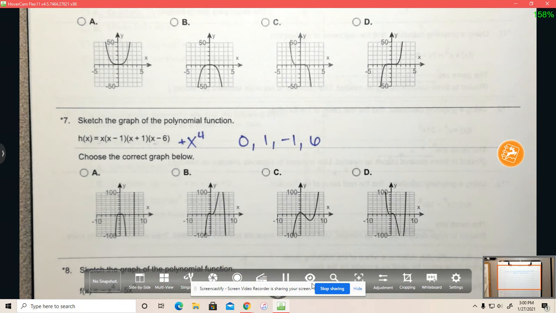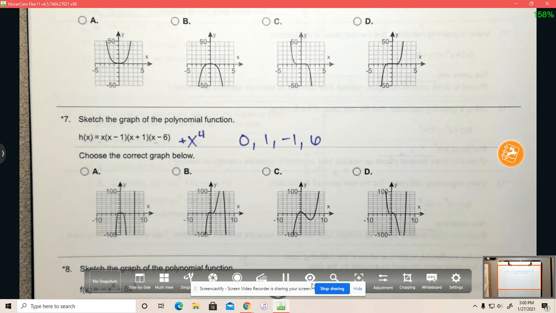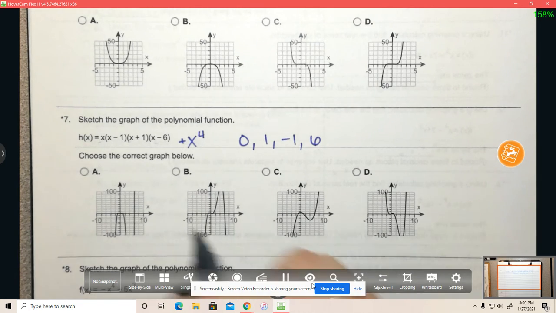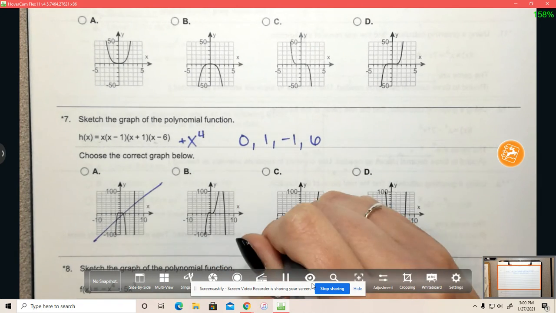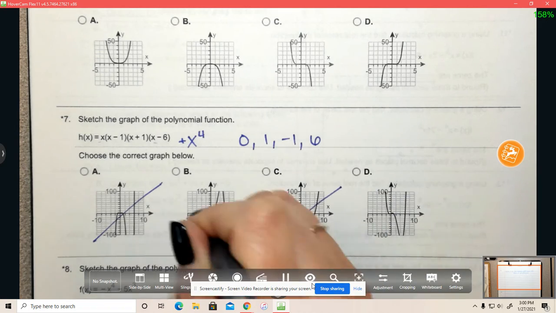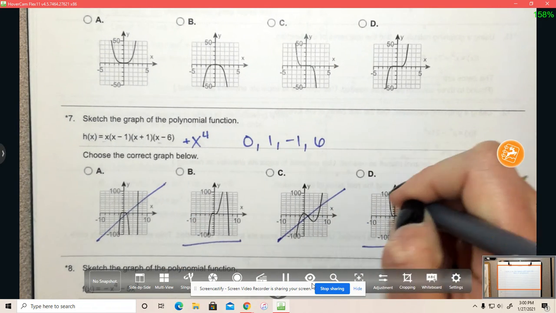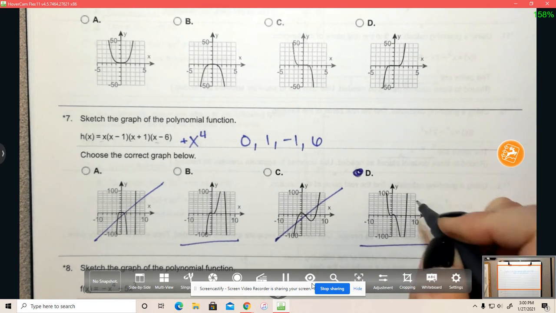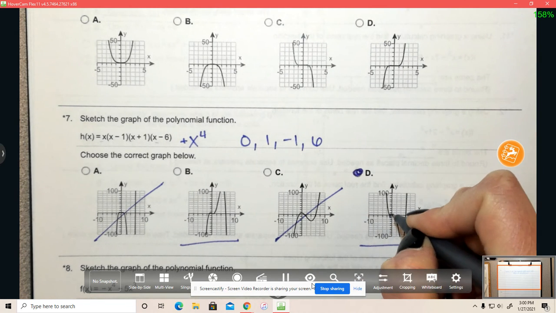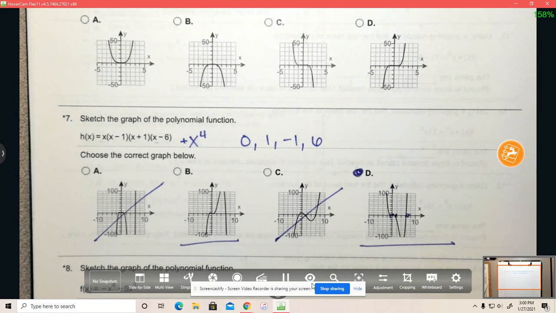We have 1 negative and 2 positive. So just by glancing, it has to be even, so it's not going to be A, it's not going to be C. It has to be B or D. Again, it's positive, so we're going up, and we can double check our intercepts. So -1, 0, 1, and 6.